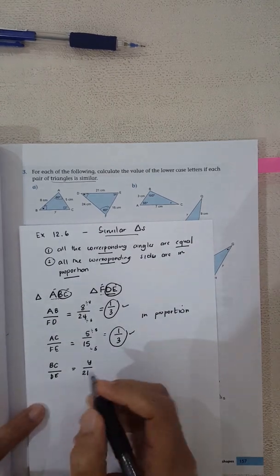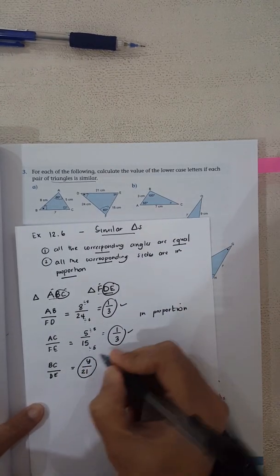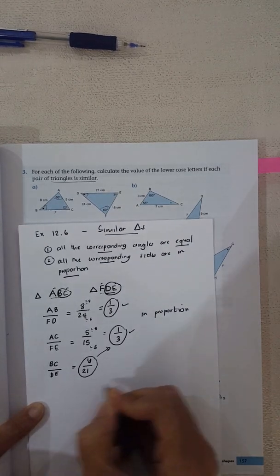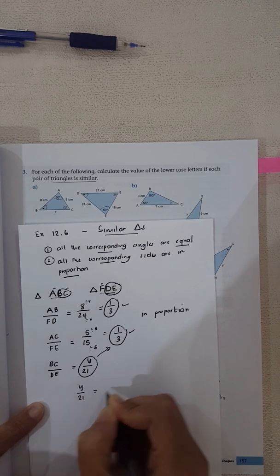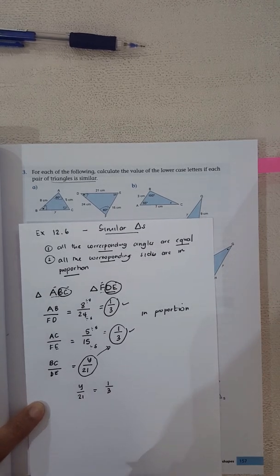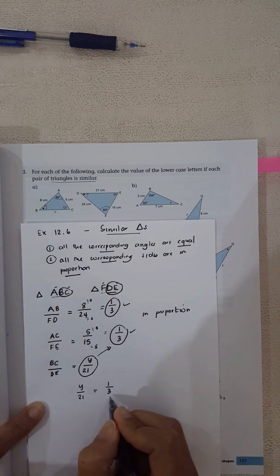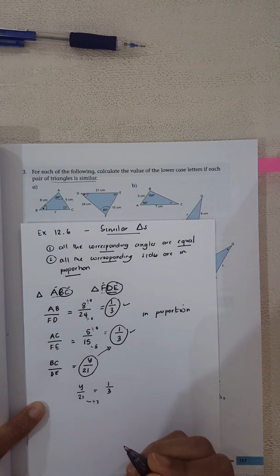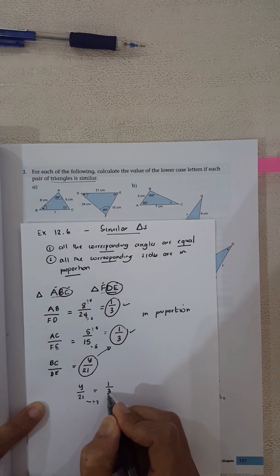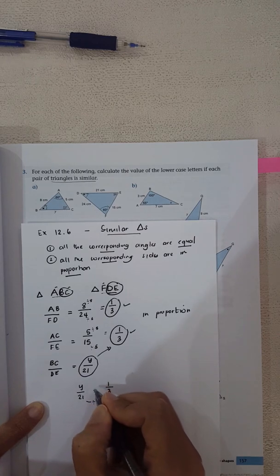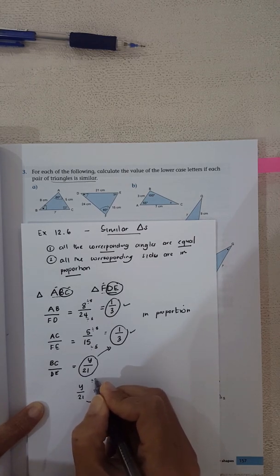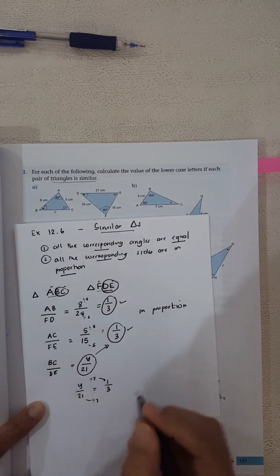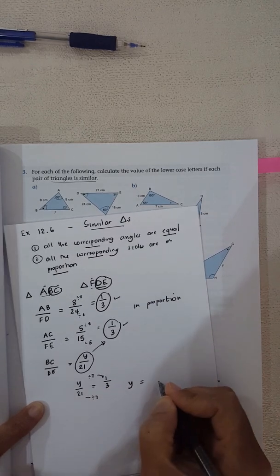Now remember that this has to equal this 1/3 here because they are all in proportion. So we have to say y over 21 equals 1/3. How did I get from 21 to 3? I divided by 7, or if you're going that way, you multiply by 7. 7 times 3 is 21. So I need to divide the 21 by 7 to get to 1. So 7 times 1, obviously my y is going to equal 7.